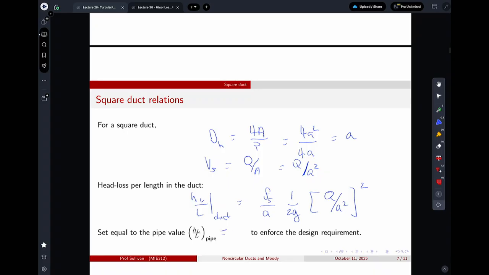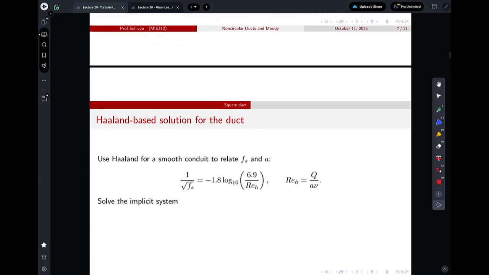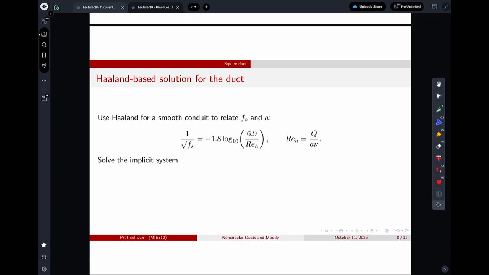And this head loss has to be 0.0523, as I found before, meters of head loss per meter of pipe. So the Haaland solution again looks the same. I'm removing the roughness component because it's not playing a role since the walls are smooth. So it's just going to be 6.9 over Reynolds number.